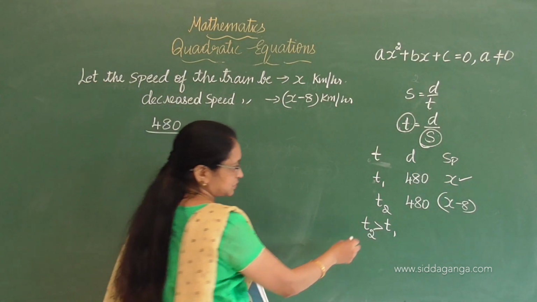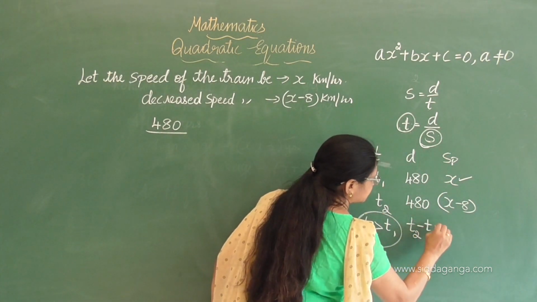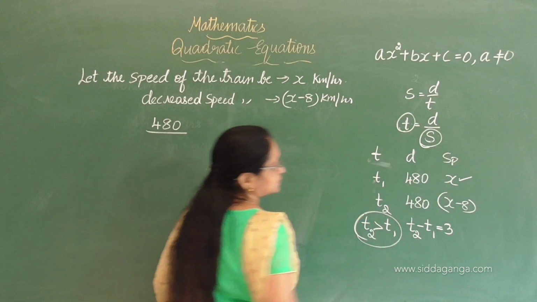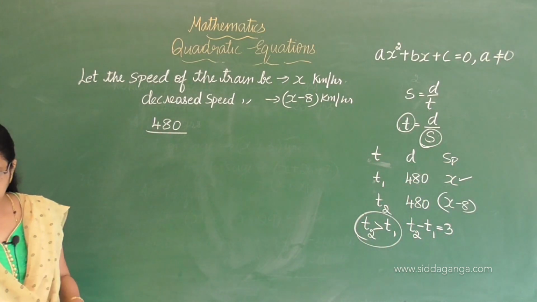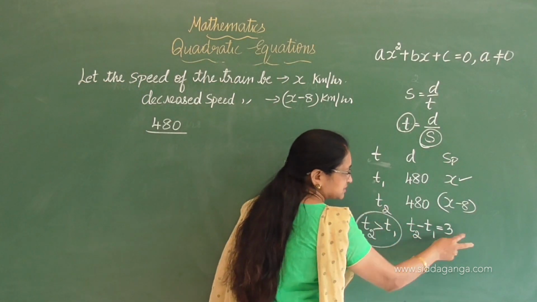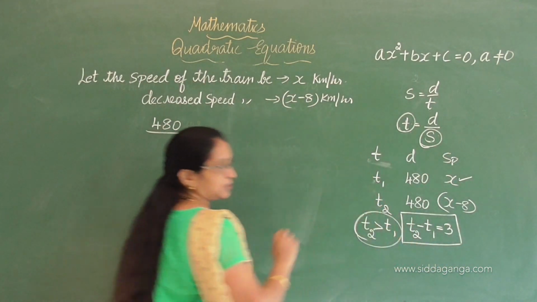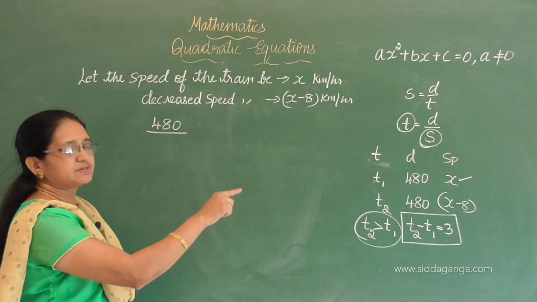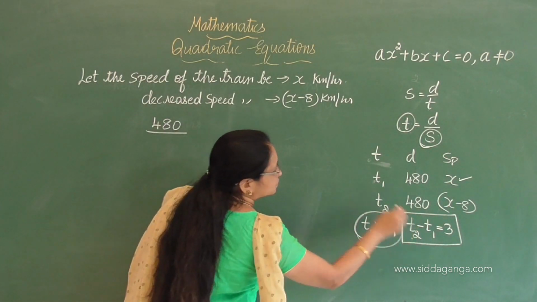So what is the difference between these two? See, T2 minus T1 will give you 3 hours. Do you agree? T2 minus T1 will give you 3 hours because the difference between the times is 3 hours. See, this is a very, very important point. T2 minus T1 is equal to 3. Now, how will you get T2?